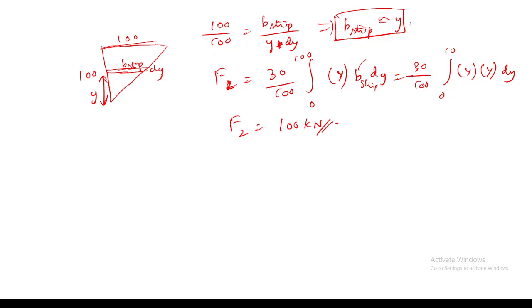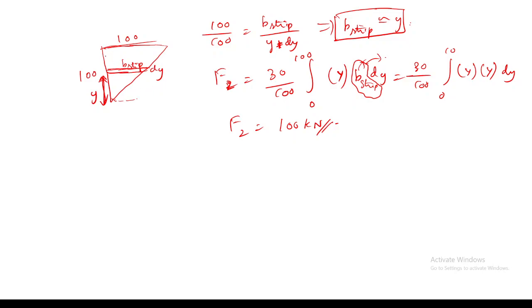See, here I want the expression of b strip, since b strip is varying with respect to y. So I need to express b strip, or the width of this strip, in terms of y. I am taking an elemental area equal to b strip into dy, at a distance of y from the neutral axis. This is the neutral axis.